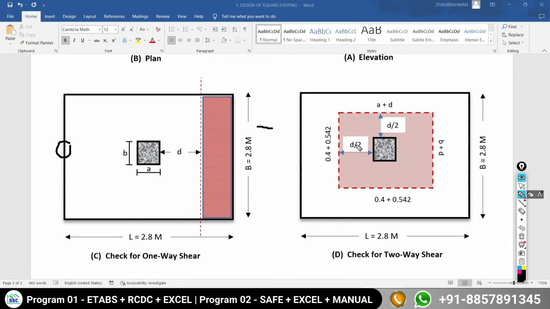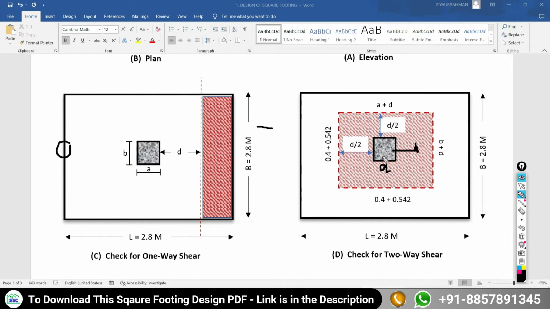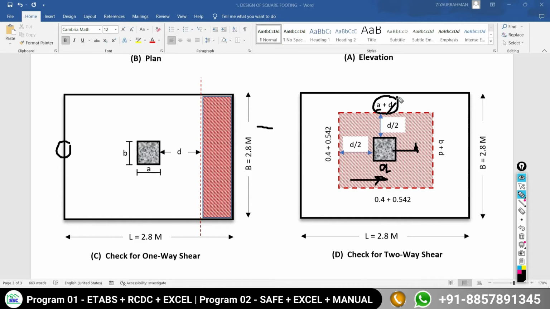Here on this side d by 2, on this side d by 2. So total it is going to become what? This is the A dimension of your column, the size of your column along this direction. So d by 2 plus A plus d by 2. So d by 2 plus d by 2 becomes d, plus A. So total is going to become A plus d.